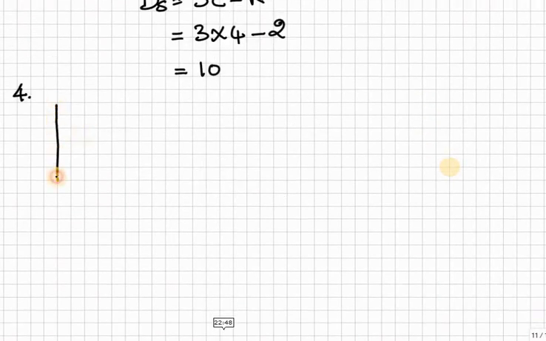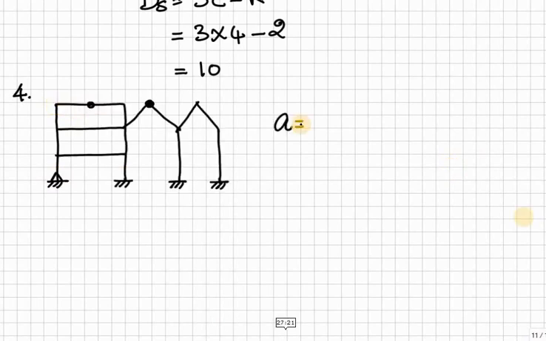Next example, a portal frame with inclined members. So here we have two hinges, internal as well as joint hinge, and one hinge support, and we have two closed loops. Therefore, A is equal to 2 here.